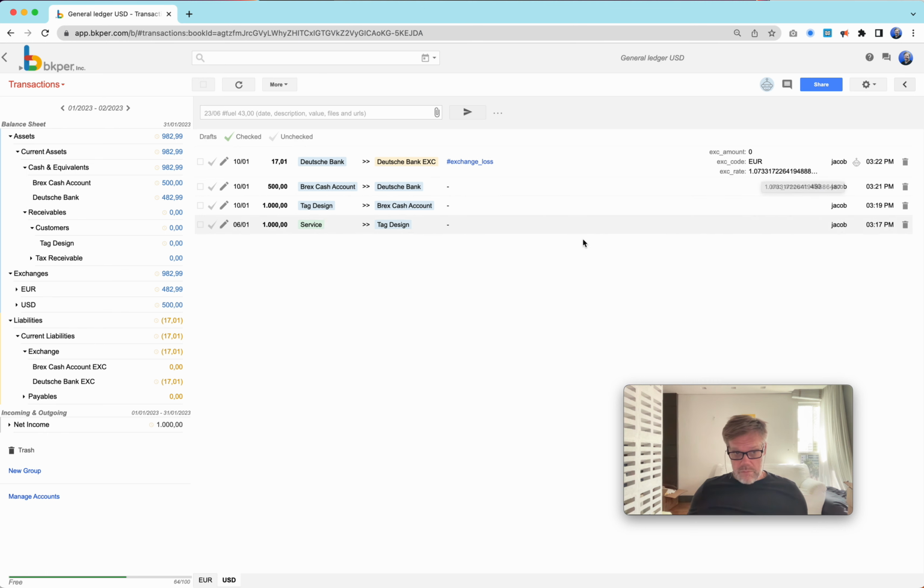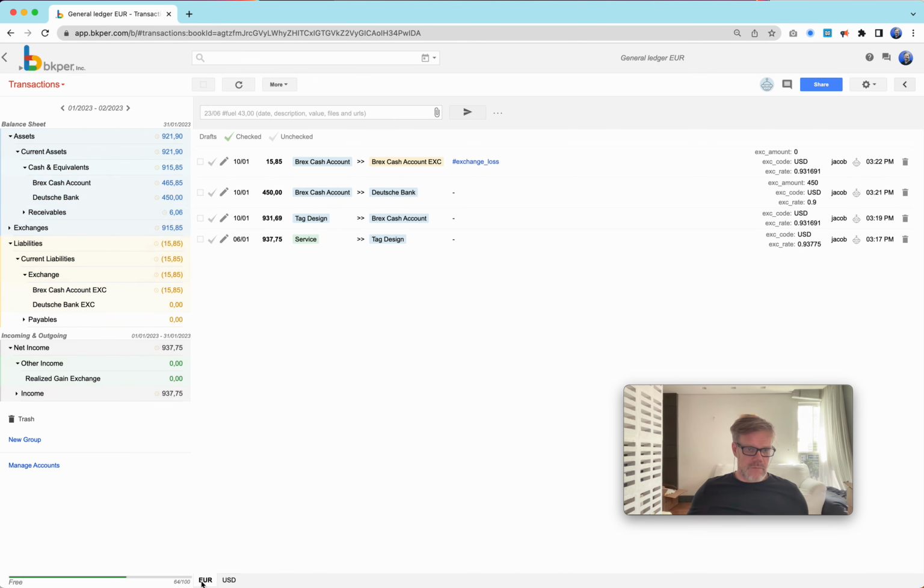Now you have here an exchange account where you can know how much you are positive or how much you're negative. Here you can see you have a negative liability, and the same goes for your US dollar account in Europe.